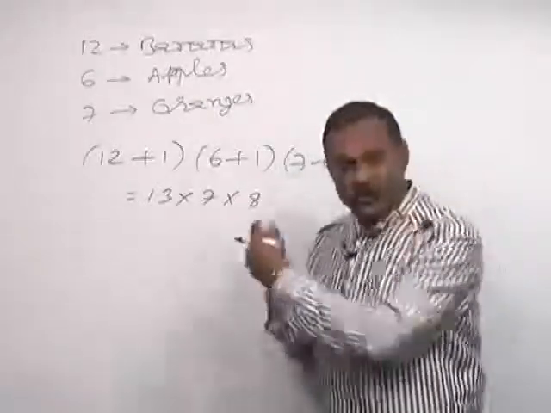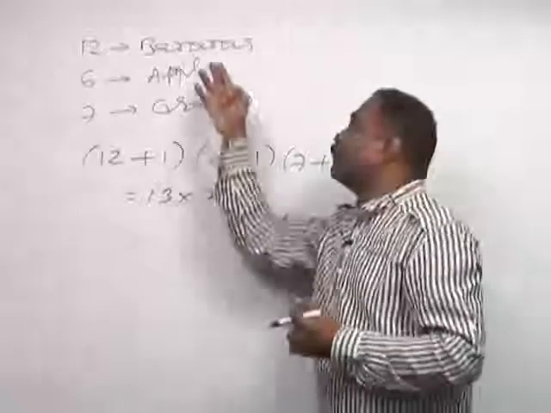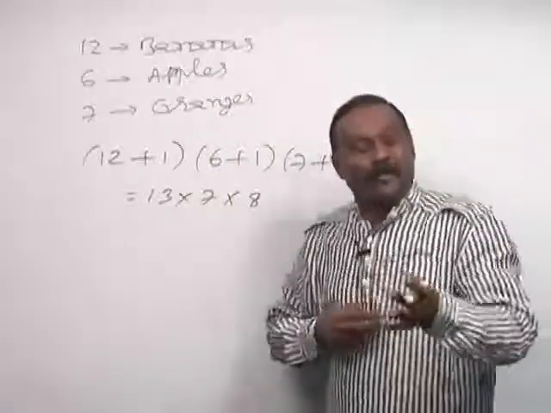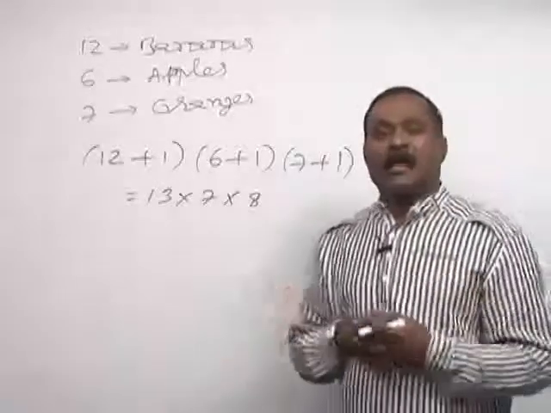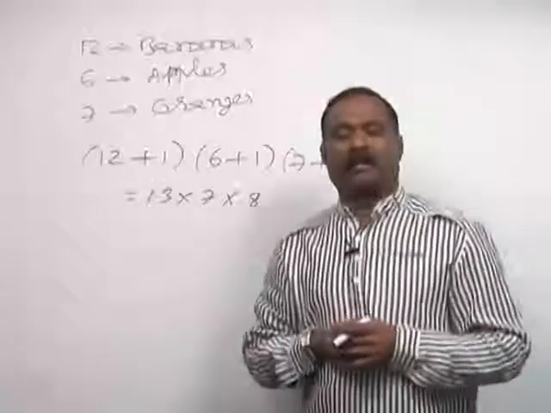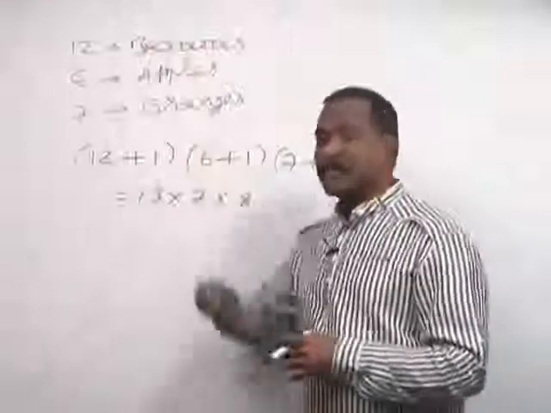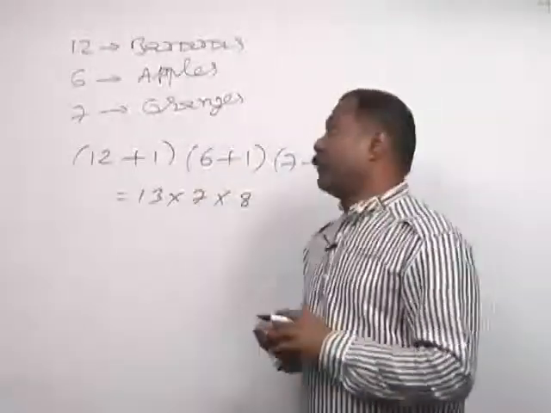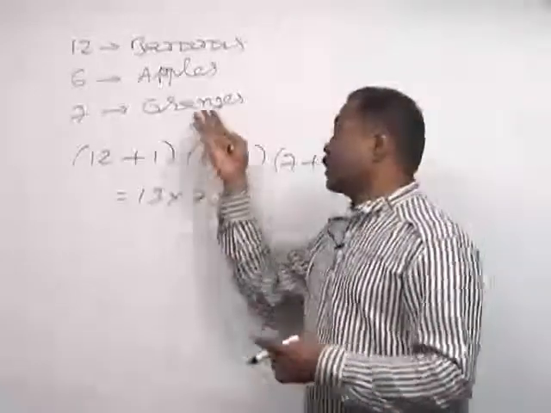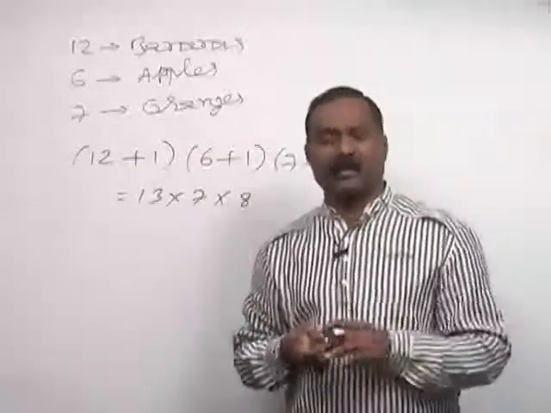You can select the fruits from the fruit basket. That's what it is. Simple, very simple. There are P1 things alike of one kind like bananas, P2 things alike of one kind like apples, and P3 things alike of third kind, like oranges, and so on. Pk things are there.